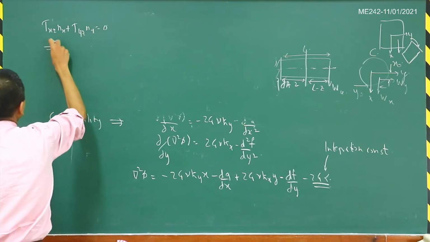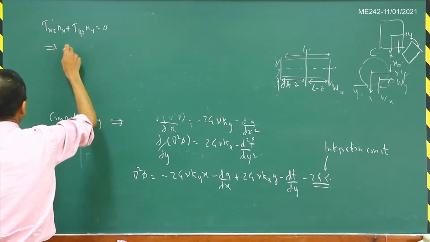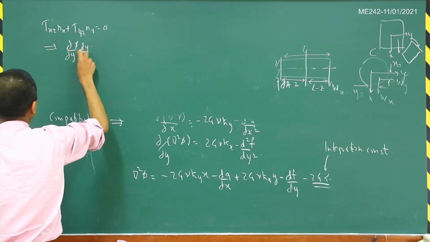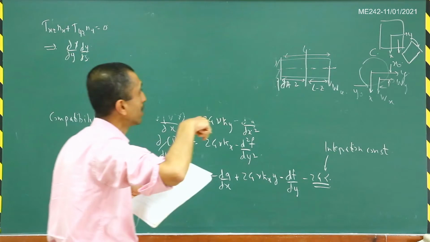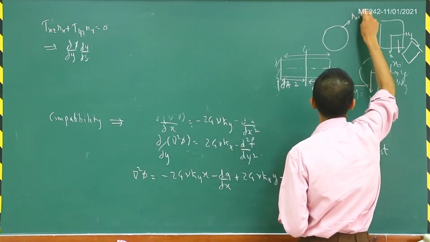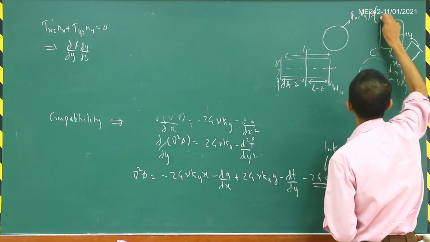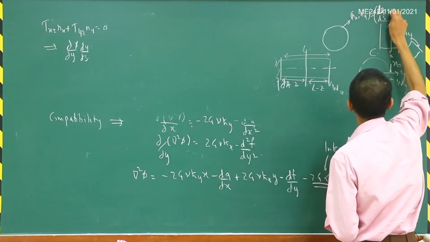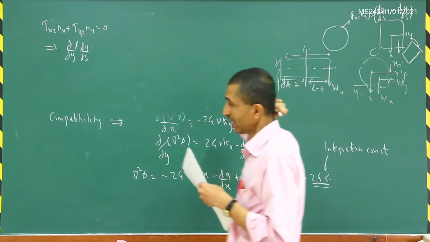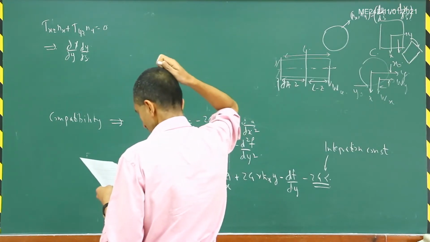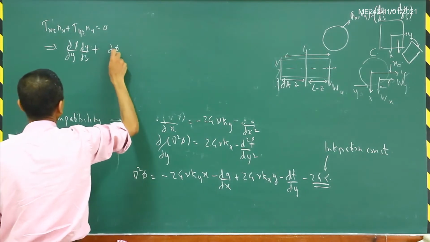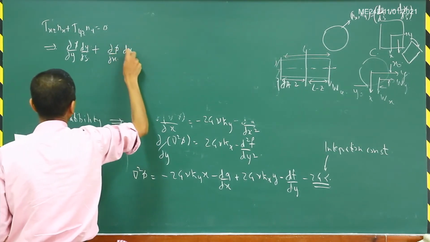If you substitute, we get del phi by del y times dy by ds, using the usual expressions for the normal, n x equal to dy by ds and n y equal to minus dx by ds, plus del phi by del x times dx by ds.